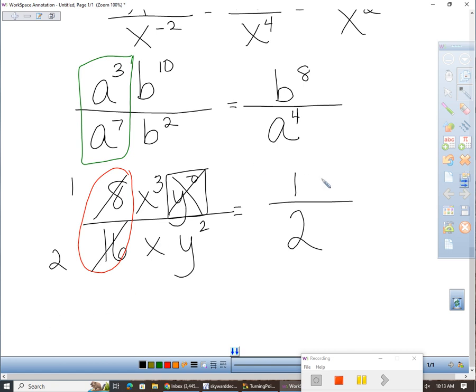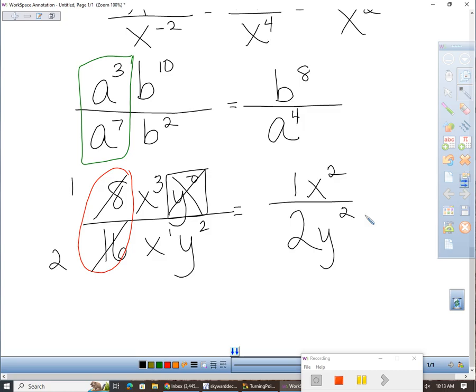On the top. Put my x on top. How many more do I have? 2. How do you know that, Carter? There's no number on this one. There's that magical 1. Very good. All right, and I only have y's on the bottom, so where do you think the y's have to stay? On the bottom, so I have y squared.